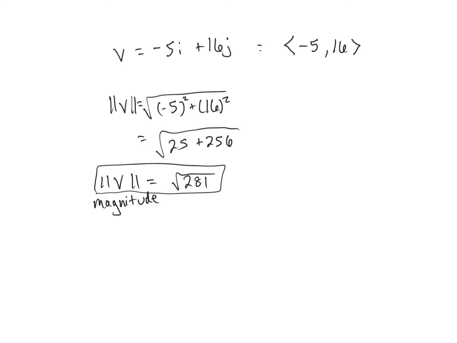I want my directional angle. So if I do draw a triangle here, so think about this here. This is negative 5, up 16. So then to find the degree, if I draw that angle, okay, and it's a theta right there, it makes this triangle. We know our opposite and we know our adjacent, our opposite being 16, our adjacent being negative 5.